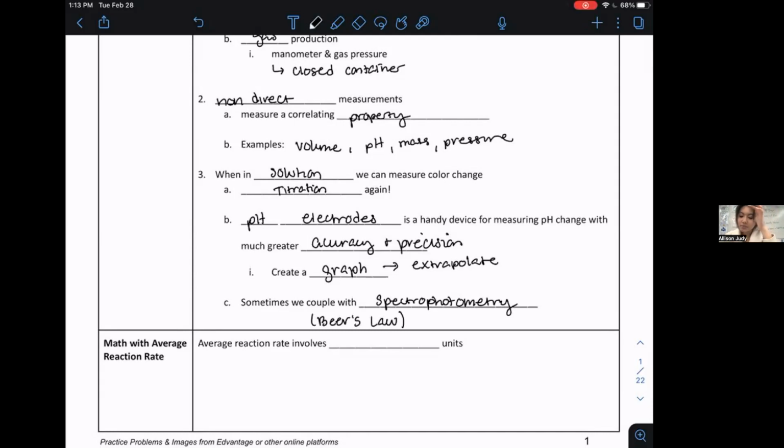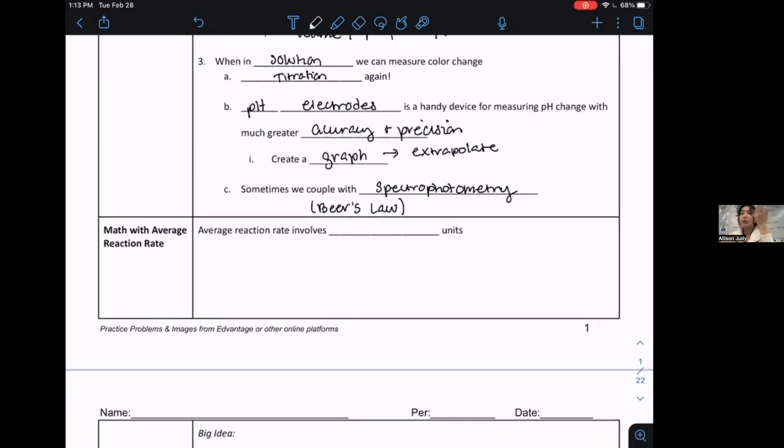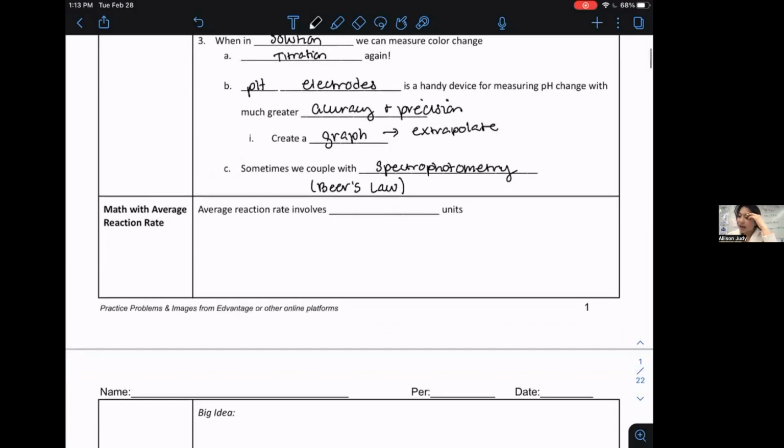So when it comes to the math of it, it's not too crazy, which is kind of nice. It's averages, and you guys should be quite familiar with averages. So the average reaction rate involves derived units. And if you have a derived unit, you have the potential to now do dimensional analysis.